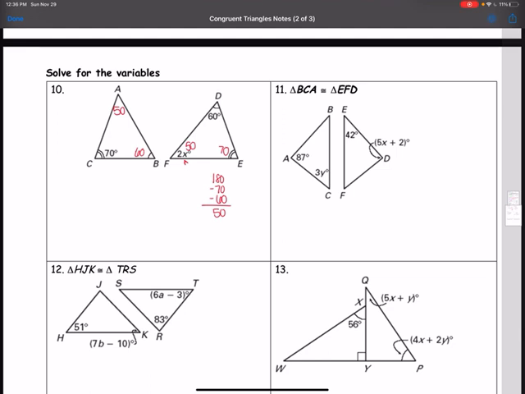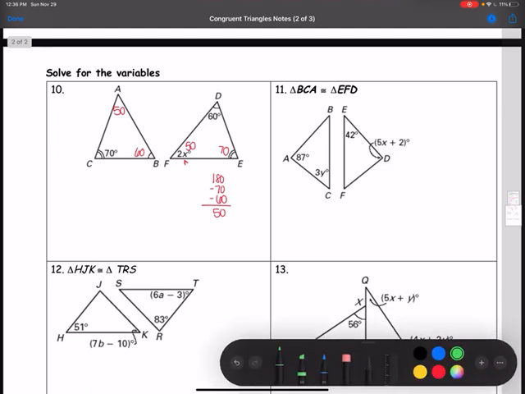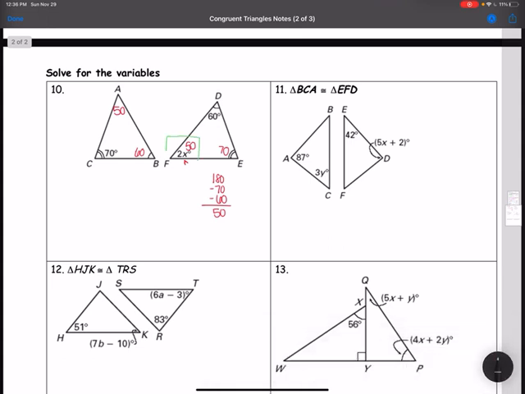So if I want to solve for x, I can simply say that 2x is supposed to be 50. So I'm going to make it equal to 50 and solve. Divide by 2, we get x is 25.